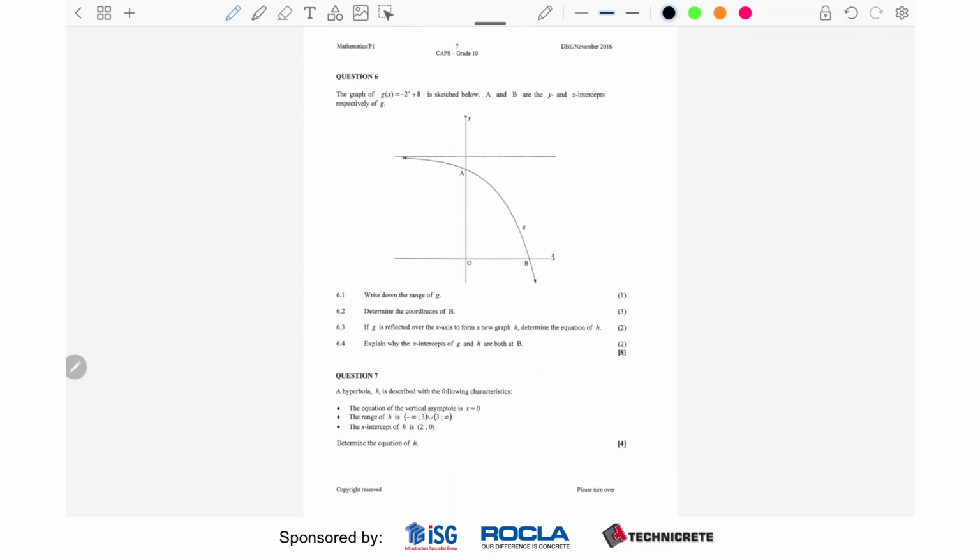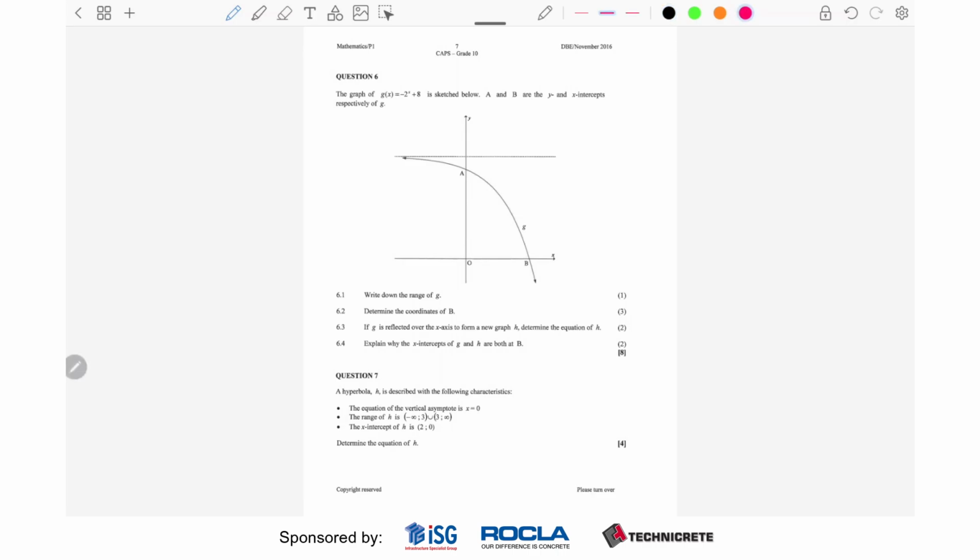Now we'll be moving on to question 6. It says the graph of g of x is equal to negative 2 to the power of x plus 8 is sketched below. A and B are the y and x intercepts respectively of graph of g. Now, we only need to use color here because everything is rather clear.